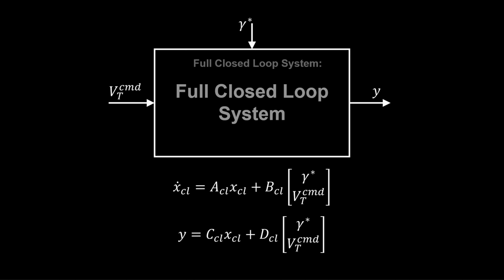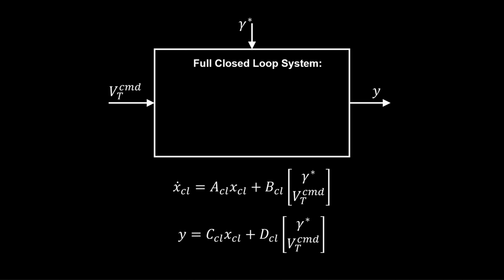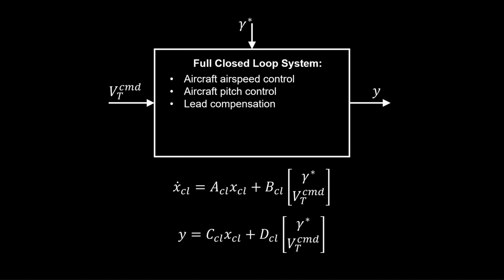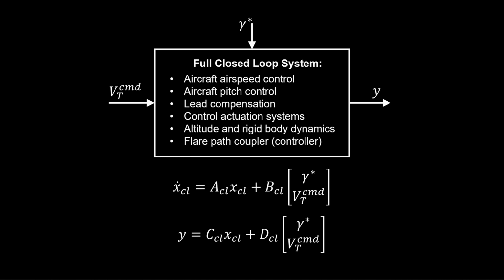To summarize, the closed loop system contains the aircraft airspeed control, the pitch control, multiple lead compensators, control actuation system models, altitude and rigid body dynamics, and of course, the flare path controller.